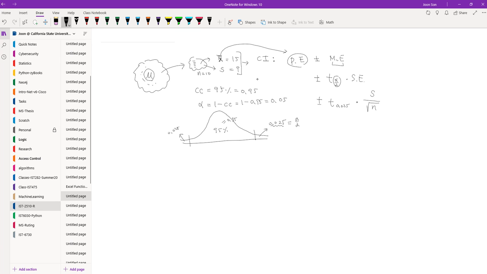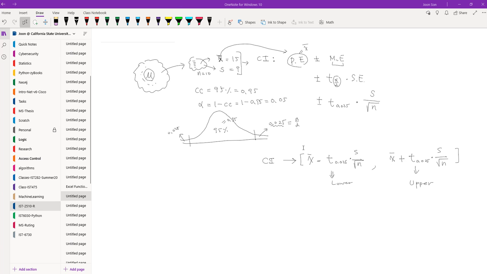So the full formula: since the point estimate is x bar, the confidence interval is x bar minus t 0.025 multiplied by s divided by root n, which is the lower bound, and x bar plus t 0.025 multiplied by s divided by root n, which is the upper limit. That's your confidence interval.